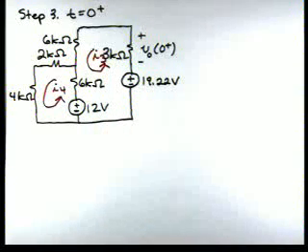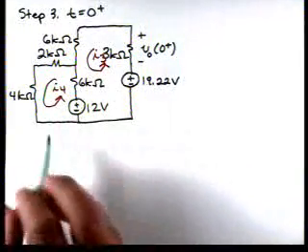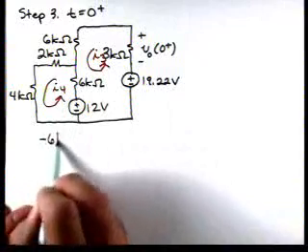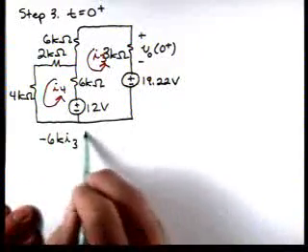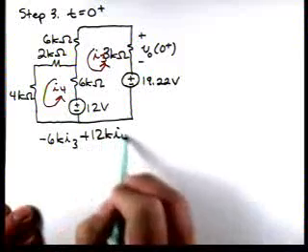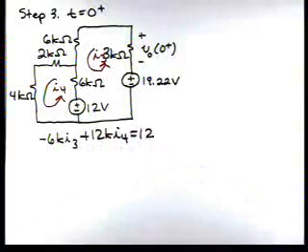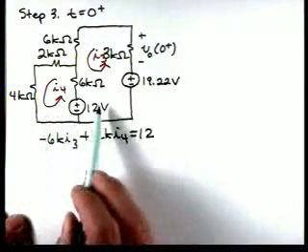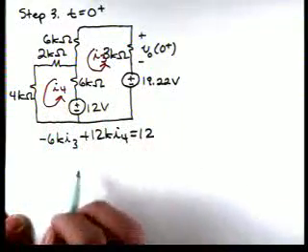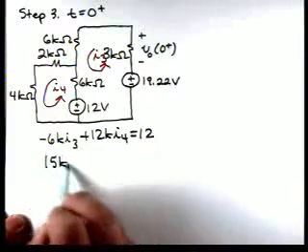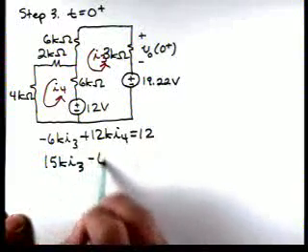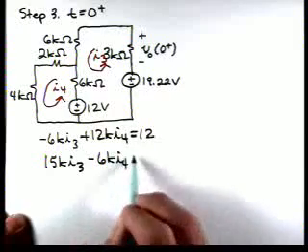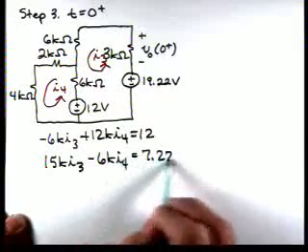Now if we apply mesh analysis, we'll have minus 6K I3 plus 12K I4 is equal to 12. That's the equation for this mesh. Now for this mesh, we'll wind up with 15K I3 minus 6K I4 is equal to 7.22.